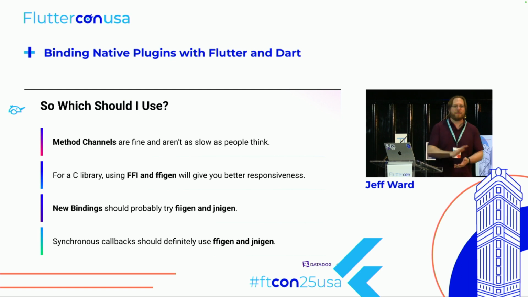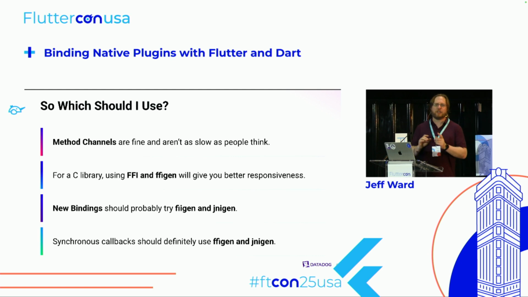And then the last thing is that if you need synchronous callbacks to respond to callbacks from native code, you absolutely should be using FFI Gen and JNI Gen to do that in the future, because it's really the only good way to make that happen.